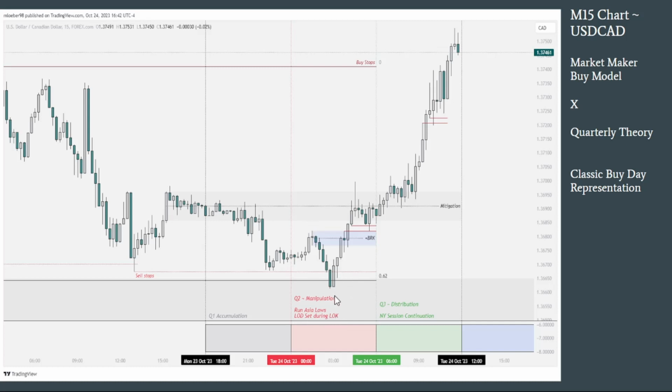Price forms a 15-minute breaker block after tagging the OTE of that range. Here, price displaces higher, tagging the breaker and a fair value gap right above the breaker. We have an M15 mitigation block that I drag out in time, which is relied on for New York session to continue during Q3's distribution, driving higher to our buy side liquidity pool.